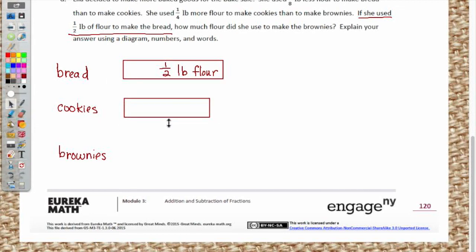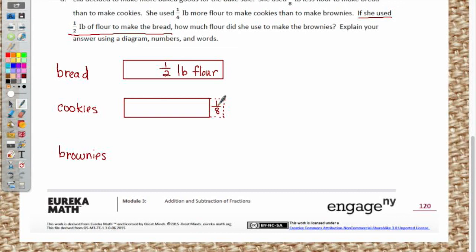I know it's hard. And then, how much less did she use? 1/8. Right? So the cookies were 1/2 minus 1/8.